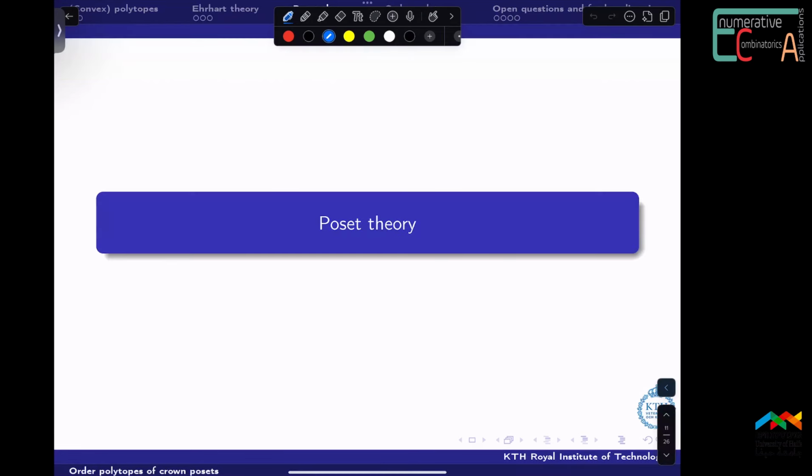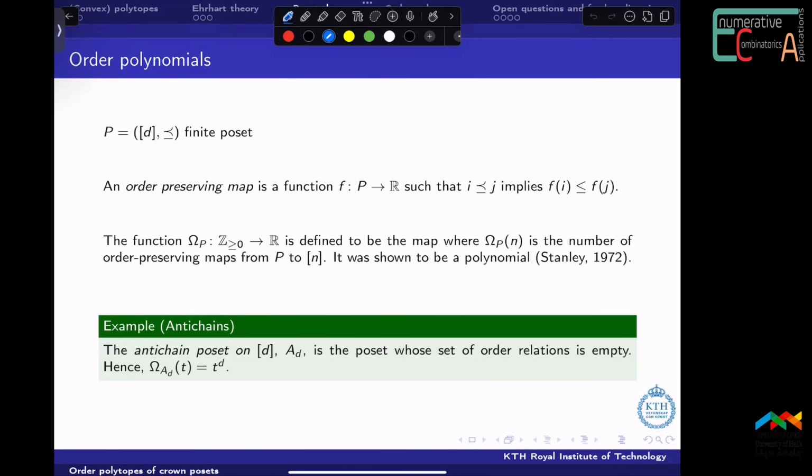Now a little bit of poset theory. All the posets that I'm going to work with are going to be finite posets. And we have two polynomials that are associated to finite posets. The first one is the order polynomial.